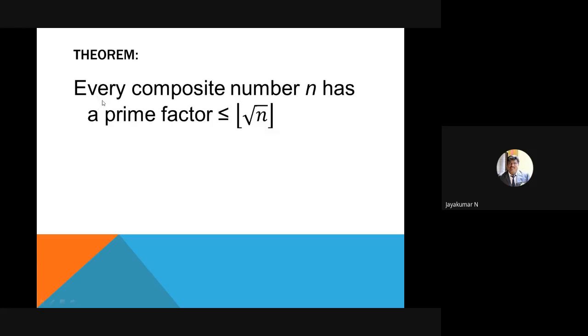Every composite number n has a prime factor less than or equal to floor function of root n. If this condition fails, definitely the number is a prime number. That's all. So first take that number and check this condition. If the condition is satisfied, definitely it is a composite number. If the condition fails, it is a prime number.